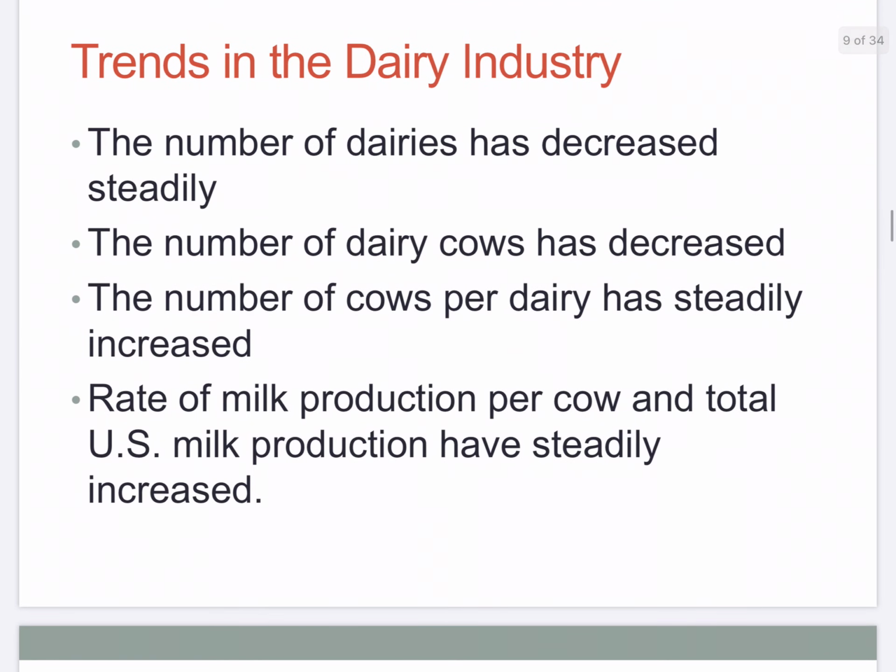Okay, so continuing in the trends. Next on your worksheet, it says, why has production increased, but the number of dairy cows has decreased? So production has increased, but the number of dairy cows has decreased because of genetic selection, improvements in nutrition, milking schedule, and use of BST.